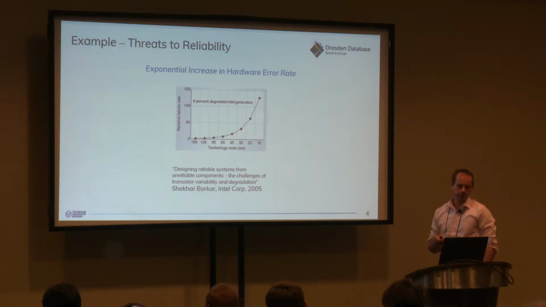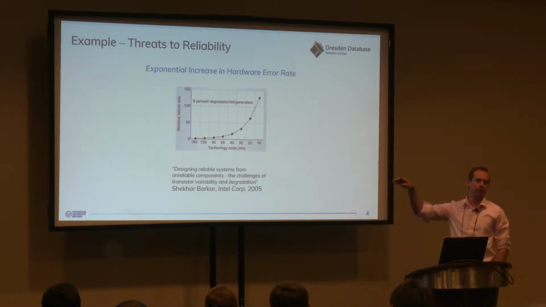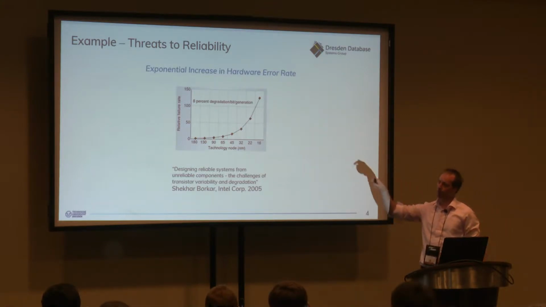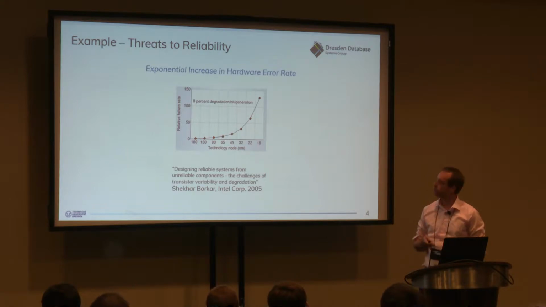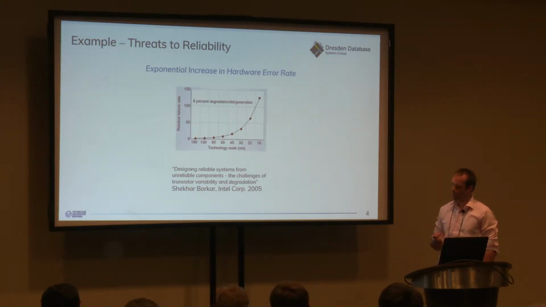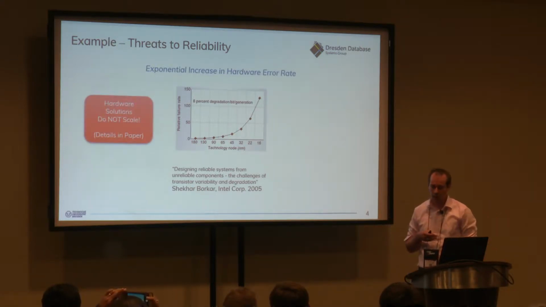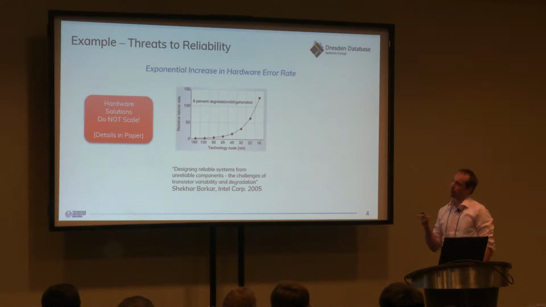Another thing is, Intel showed in 2005 that the relative error rate will increase exponentially with each new step when reducing the transistor feature size. So with each new technology node, the relative failure rate increases exponentially. We have a lot of discussion on this in our paper, and the essence is that hardware solutions just do not scale.